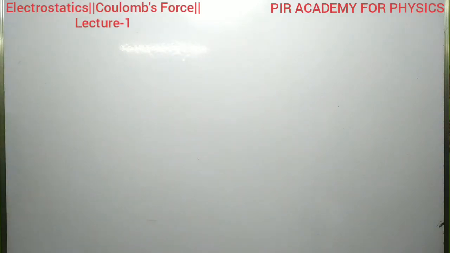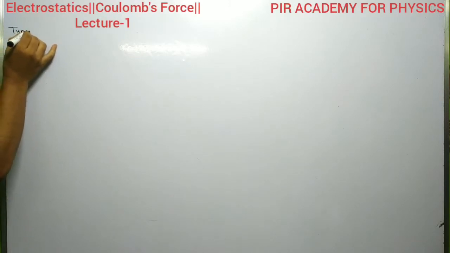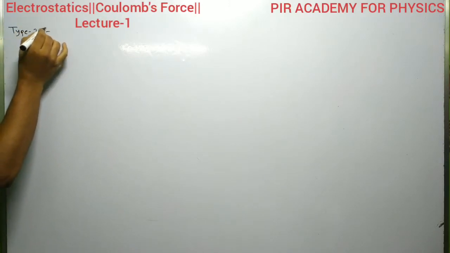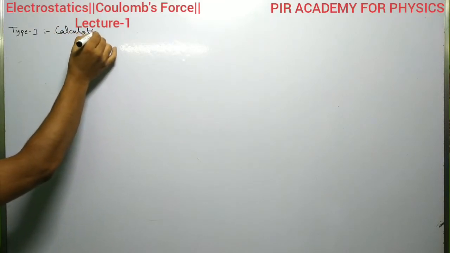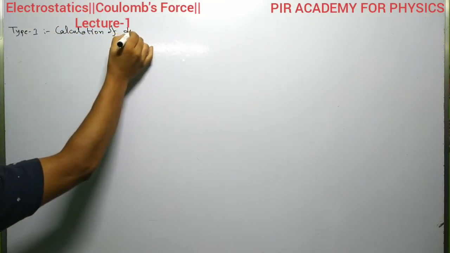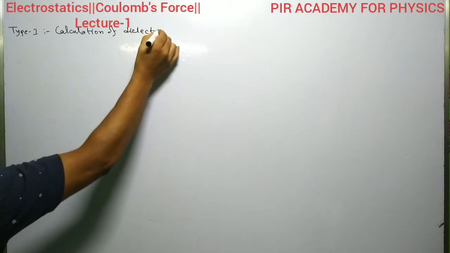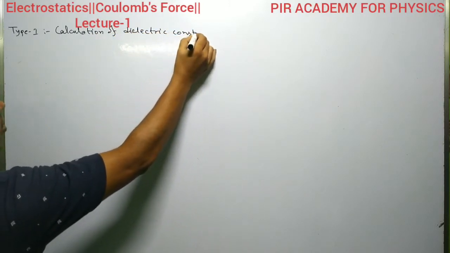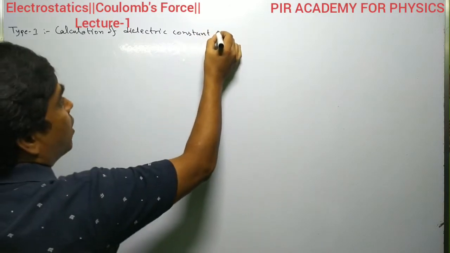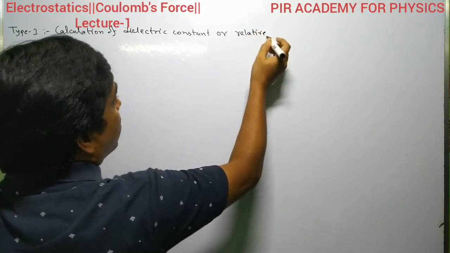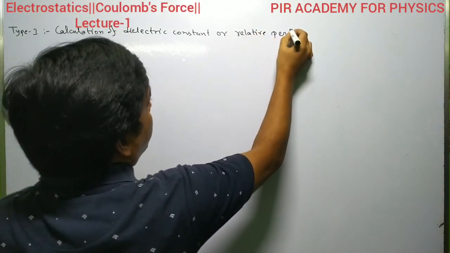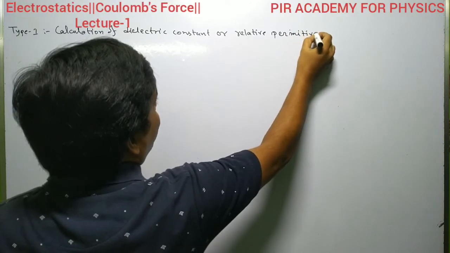Number 1, here I will discuss the problems type by type. Type 1 is calculation of dielectric constant or relative permittivity.